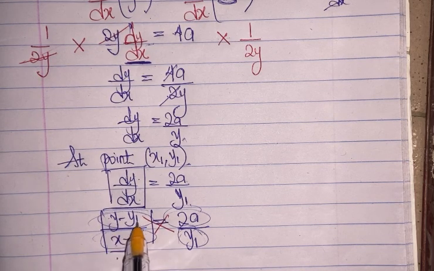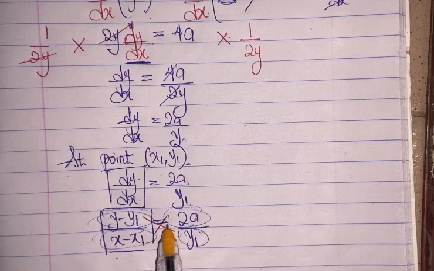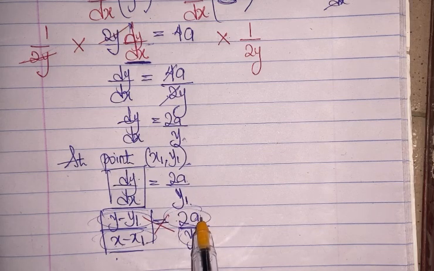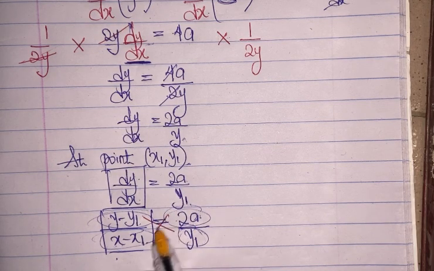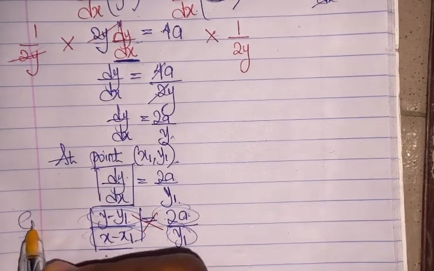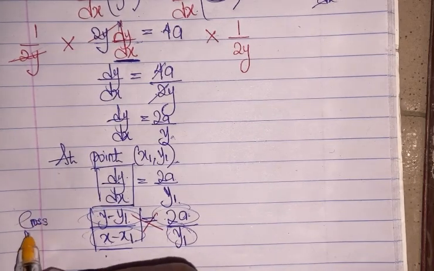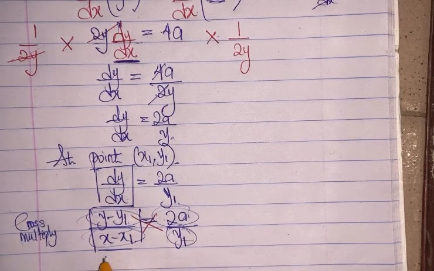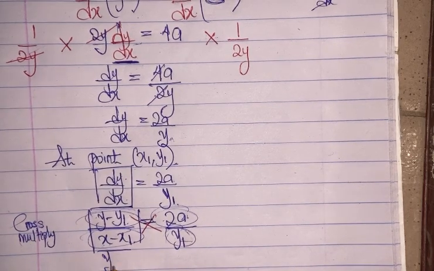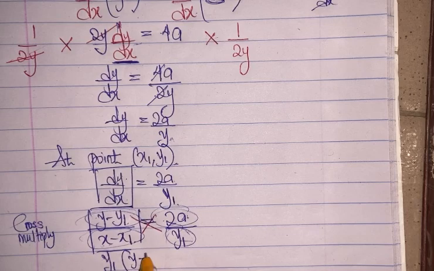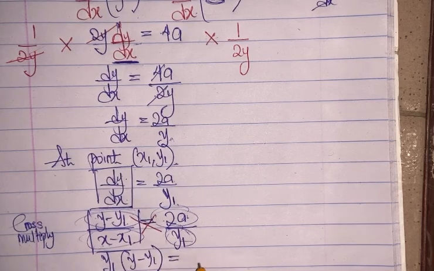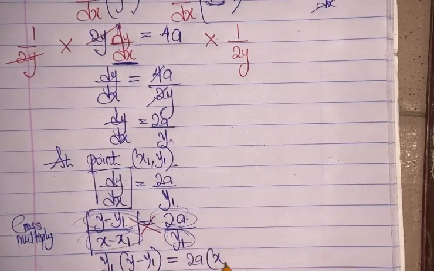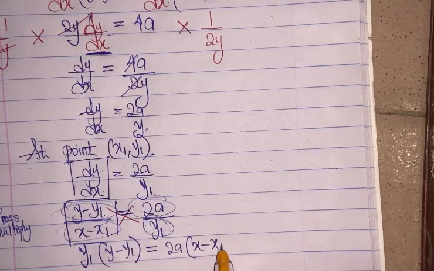The next step is to cross multiply. When we cross multiply, we have y1 into y minus y1 equals 2a into x minus x1.